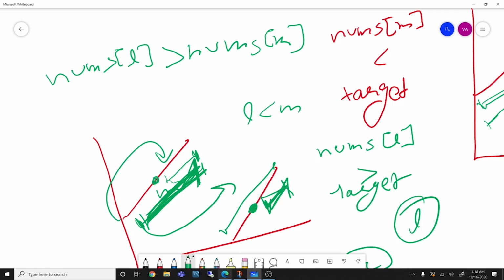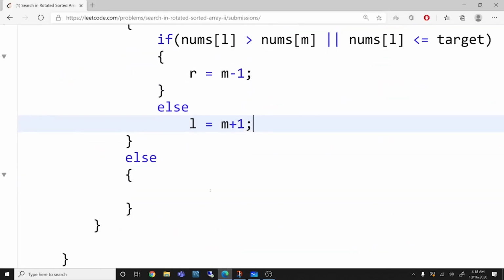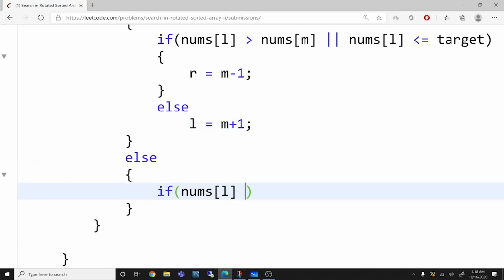So let's write this down in the code as well. So in the else condition, I'll first write down if nums of L is less than equal to nums of M. Alright. So this was the first condition when my nums of M lied in the upper line. Alright. There nums of L has to be strictly less than equal to nums of M. Right.